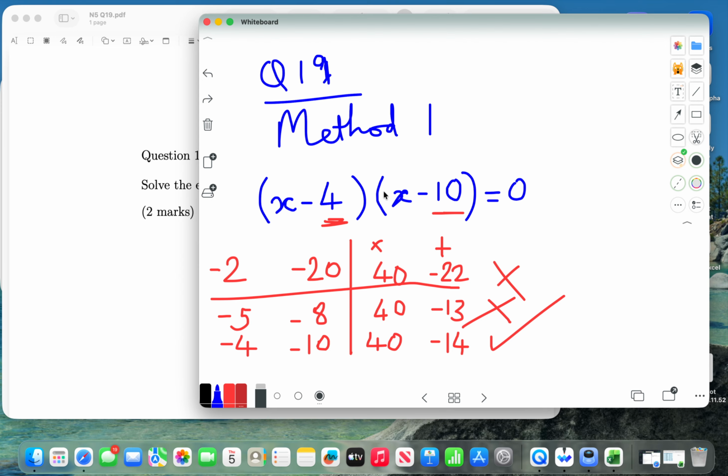So if one of the brackets equals 0, the whole thing has to, because if you multiply by 0, you get 0. So suppose the first one is 0, then if x is 4, you have 0 multiplied by 4 minus 10, which is minus 6. So 0 times minus 6 is 0.